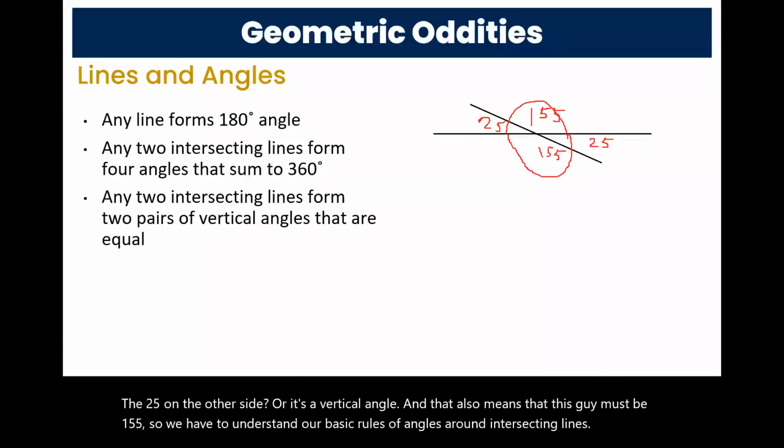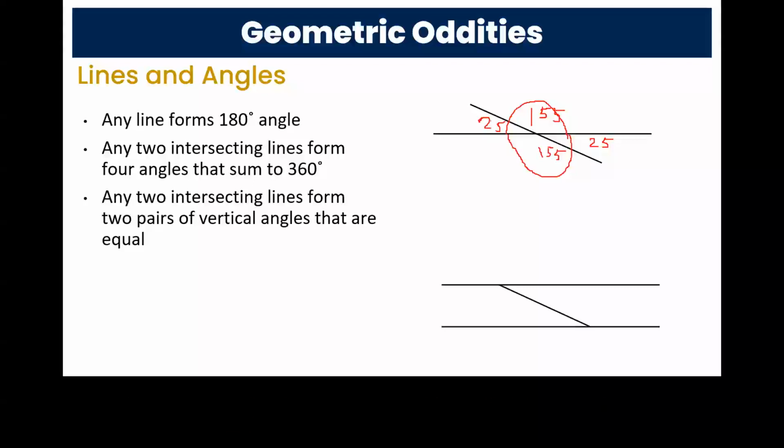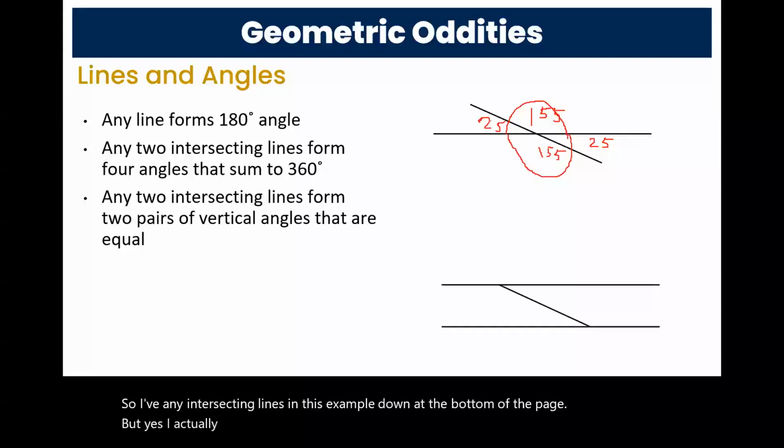Now, something they do on the GRE is they do something like this. Do I have sets of intersecting lines here? Do I have any intersecting lines in this example down at the bottom of the page? But yes, I actually do. And this is why they do this.